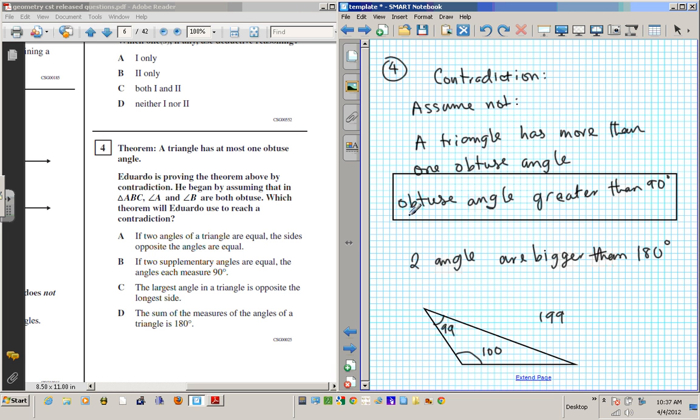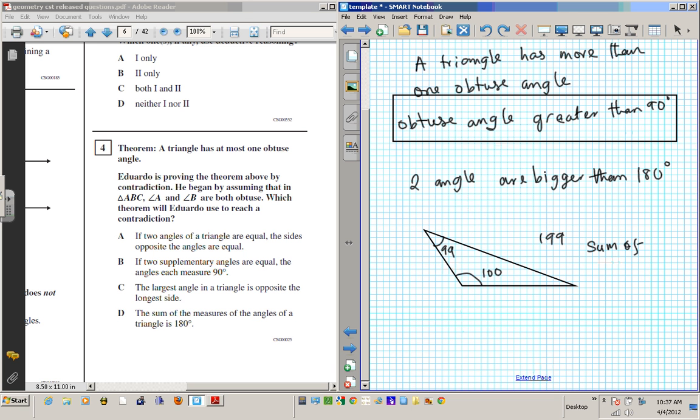So if this were true, the sum of angles, I'll write it down here.